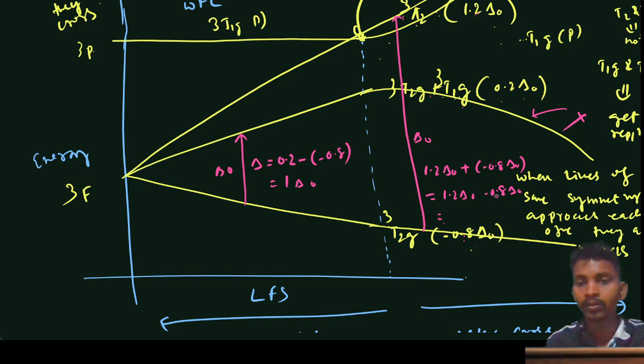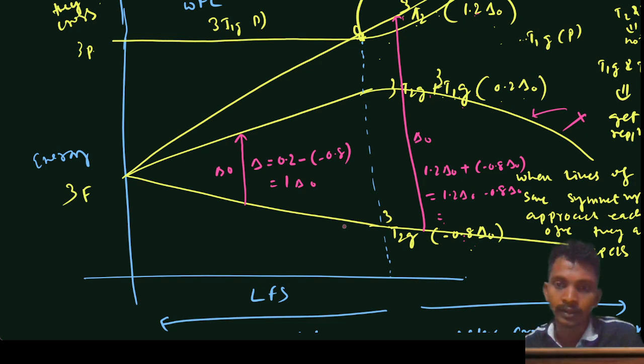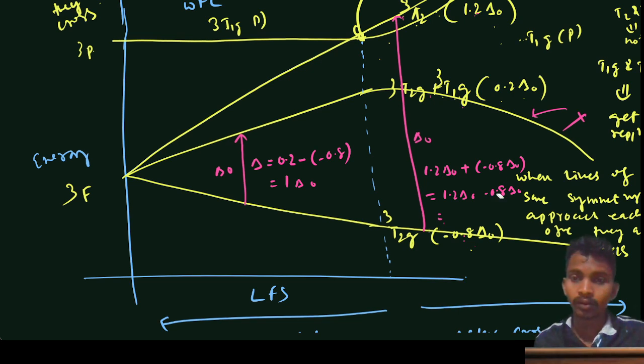So that is 1.2 and this is 0.8, then that is going to be 0.4. No, you should get 1 delta naught. So that delta naught will always be 1. Okay, if that is correct, here you see 0.8 and 1.2 delta naughts.